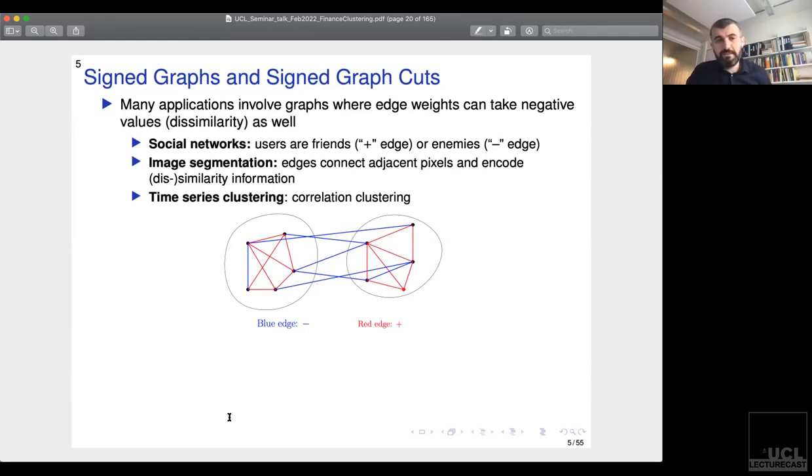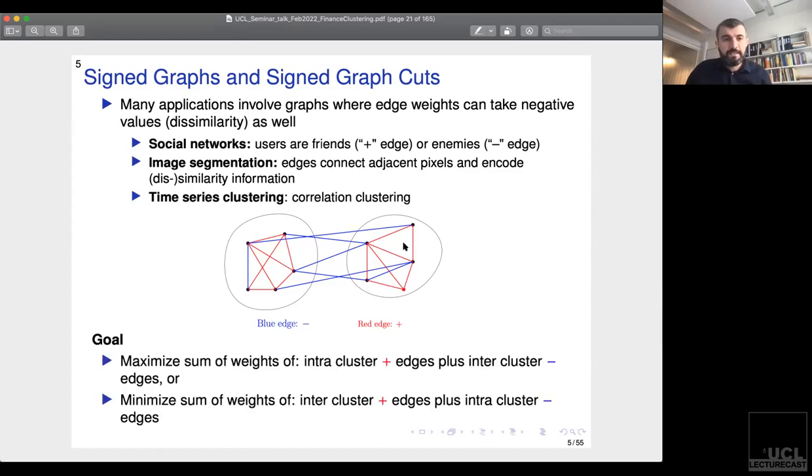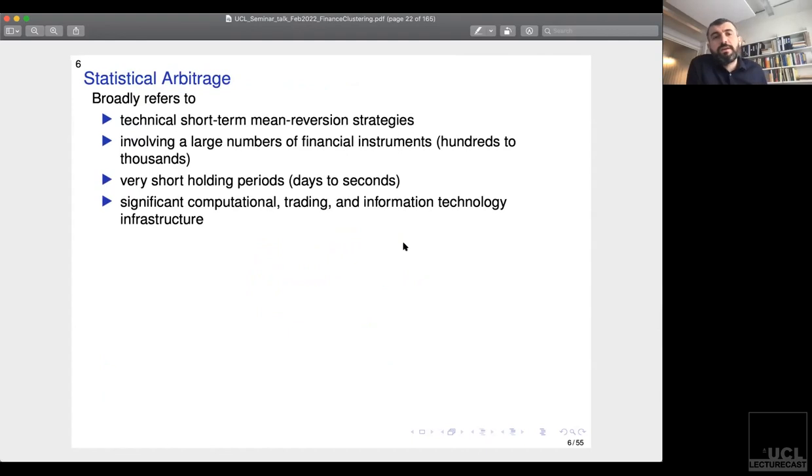A reasonable thing that you might do is find clusters such that the blue edges, the negative edges, are all in the cut, because negative edges encode dissimilarity. That's where they should end up being placed. And the positive edges, the red ones, should end up inside the clusters, because that's where they belong. They encode a measure of similarity. Another motivation for this comes from statistical arbitrage.